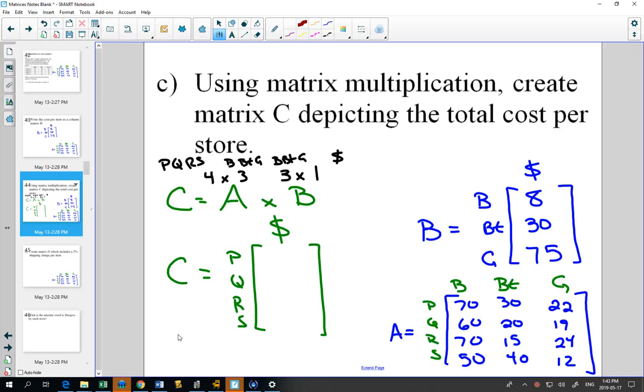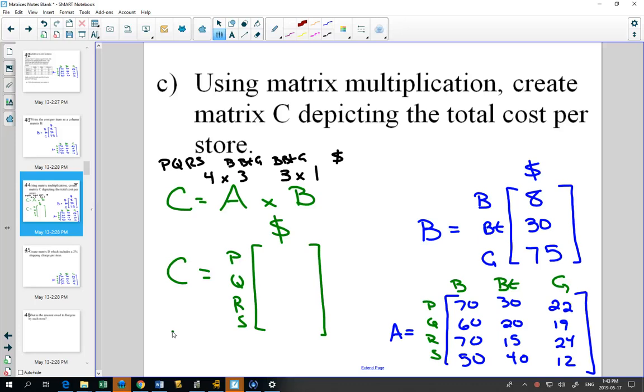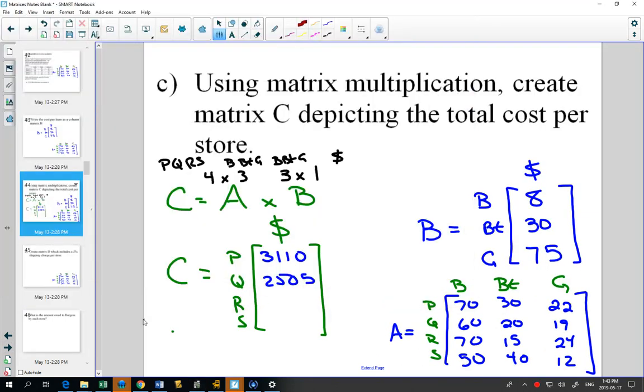And although it would be easy to do 70 times 8, 30 times 30, 22 times 75, and add them up, that's not hard math. What the matrix multiplication, especially with the use of your calculator, does, 3110, 2505, oops, go back, 2810 and 2500.